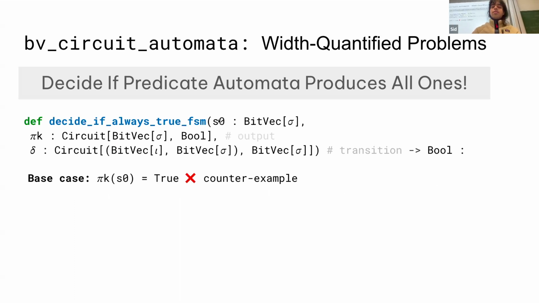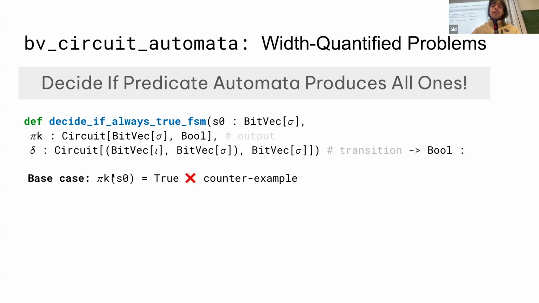So, okay, I'm going to call the initial state s0, which is encoded by a bit vector of length sigma. And then I have the output function, which is a Boolean circuit from a bit vector of length sigma to a Boolean. And then I have a transition function, which given the input and given the current state, gives me the next state. And now I'm trying to say if the machine that's modeled by this always produces ones.